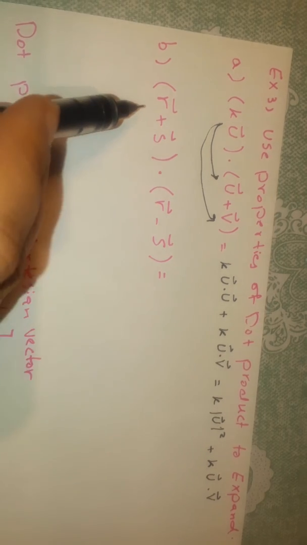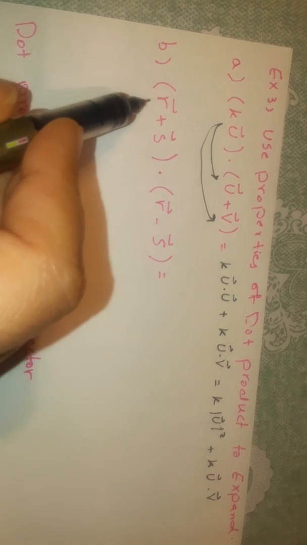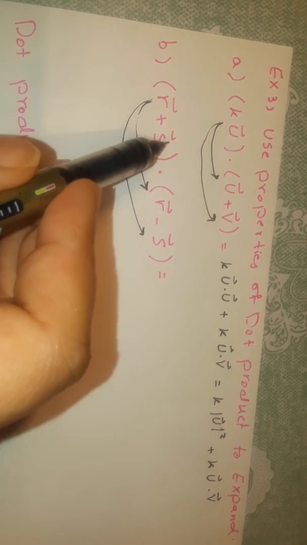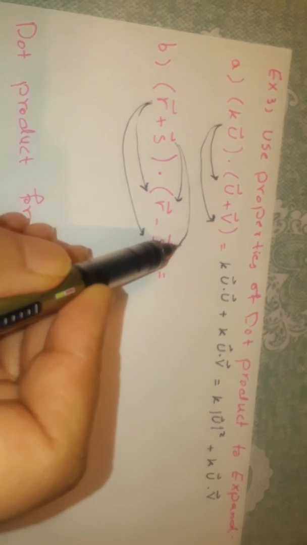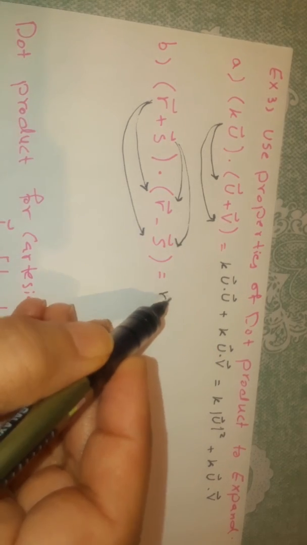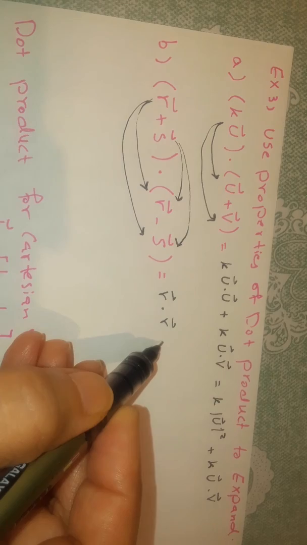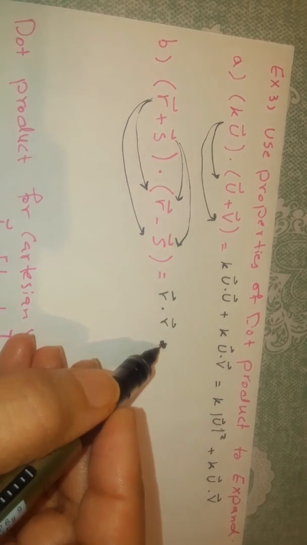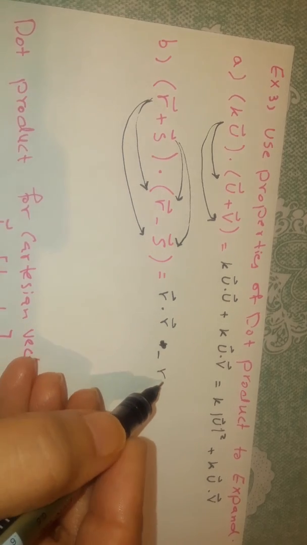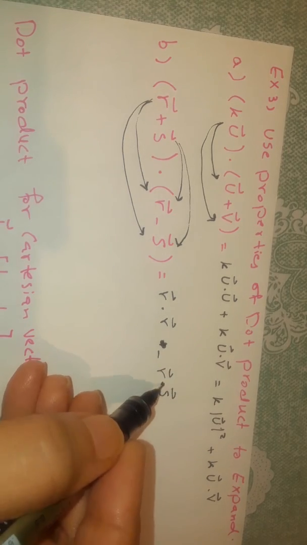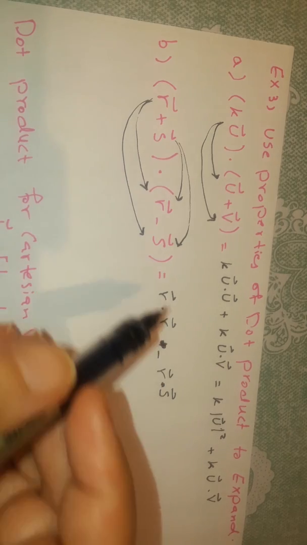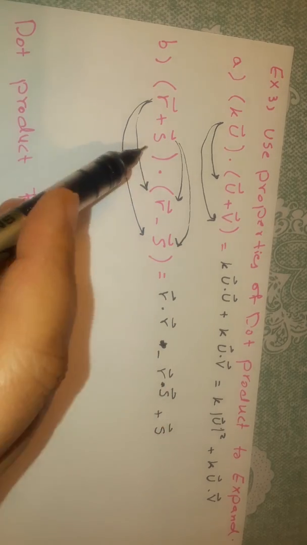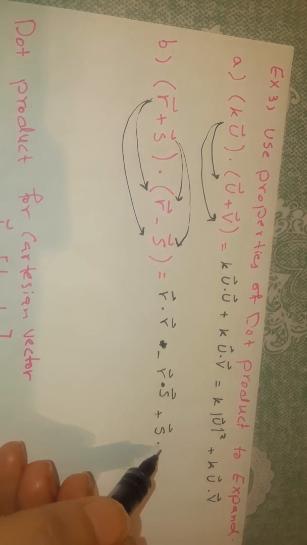Okay. Now this one I can distribute it, right? So r multiplied by r, r multiplied by s, and s multiplied by r, s multiplied by s. It is going to be r dotted to r plus, actually minus, r dotted to s. The minus because the r here is the negative there. And then s plus s dotted to r.